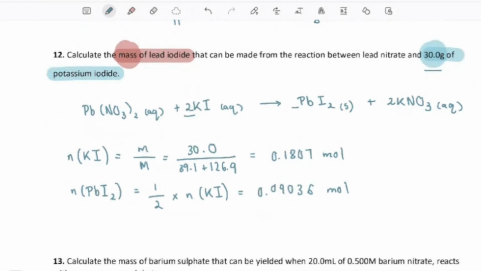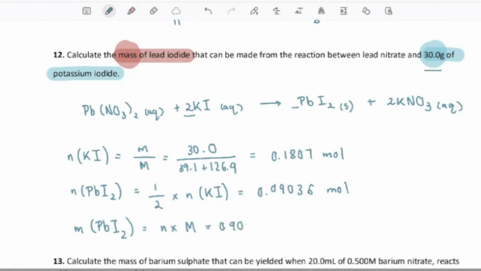And from this, finally, you can find the mass of your unknown, PbI2: moles times molar mass. What would be the molar mass of PbI2?